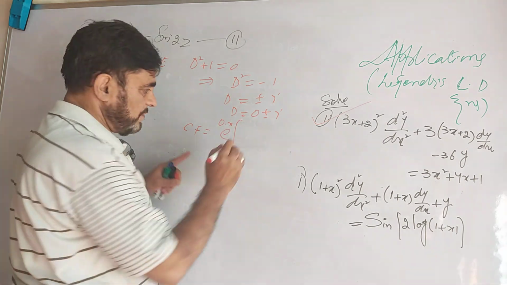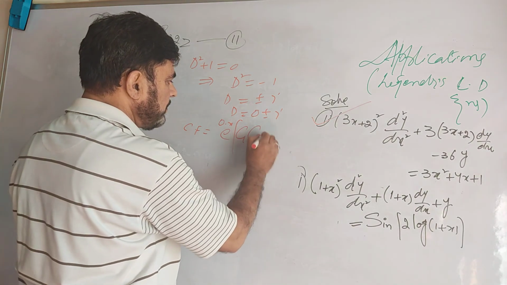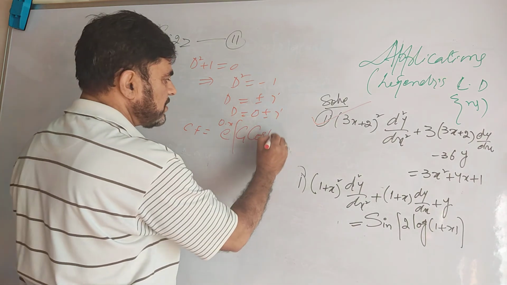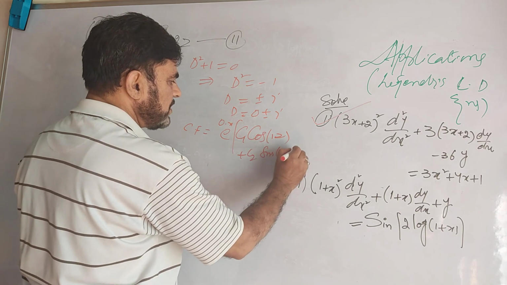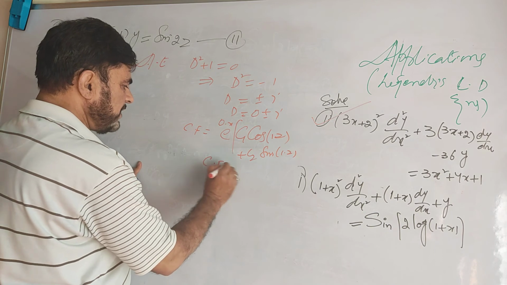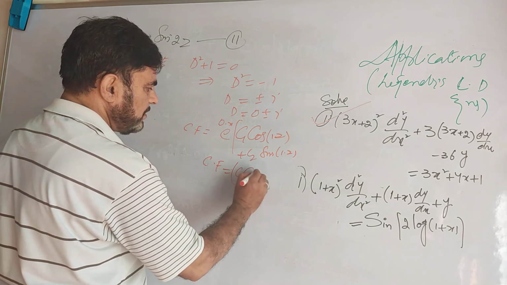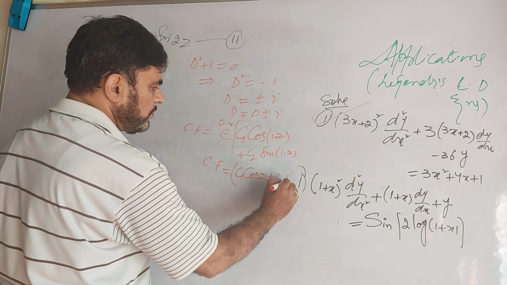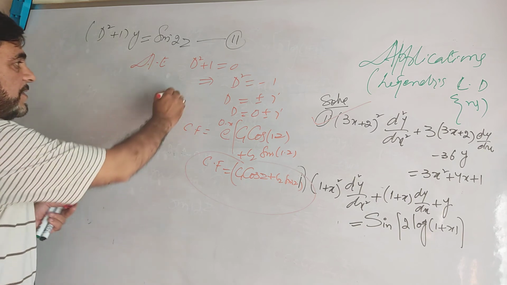Then two constants, one with cos, one with sin: c1 cos of the imaginary part, 1 into z, plus c2 sin of 1 into z. So I get the complementary function, simply c1 cos z + c2 sin z.